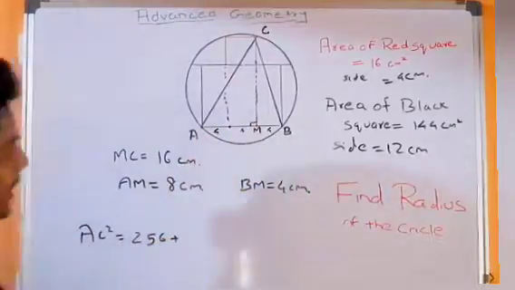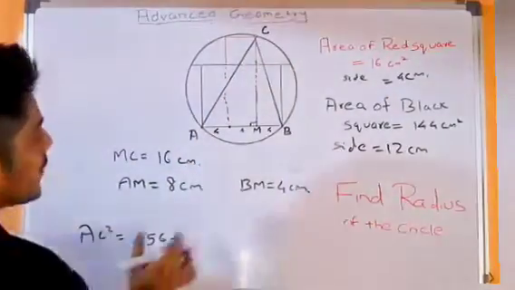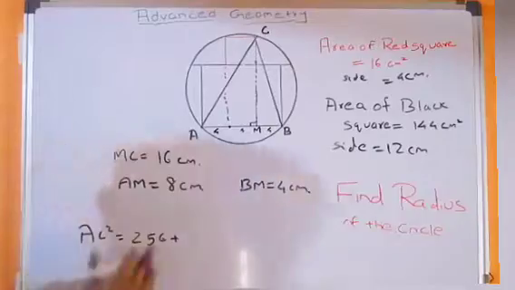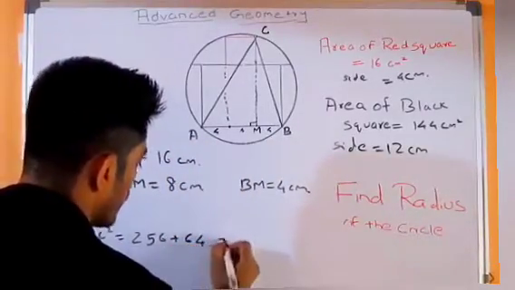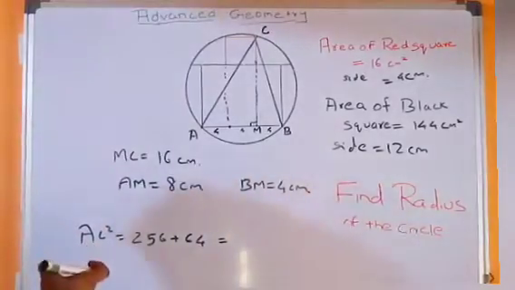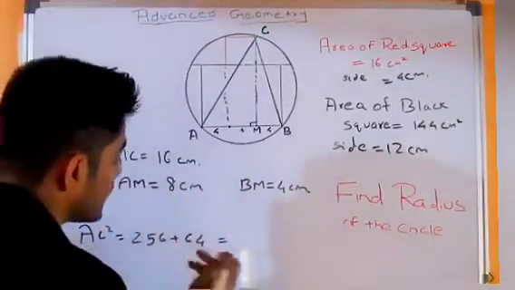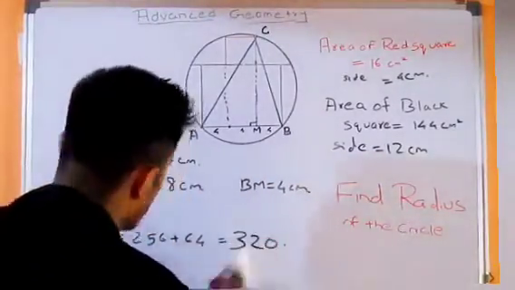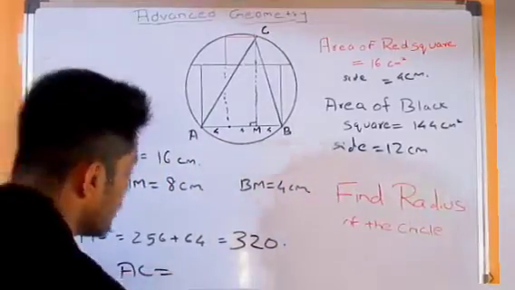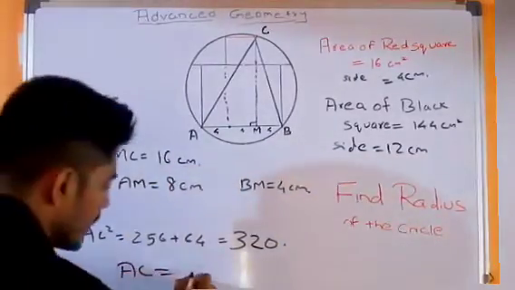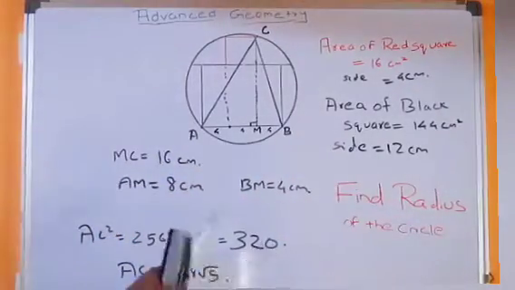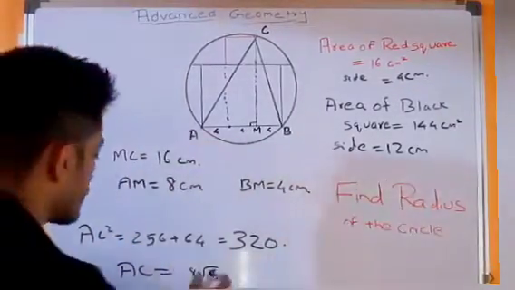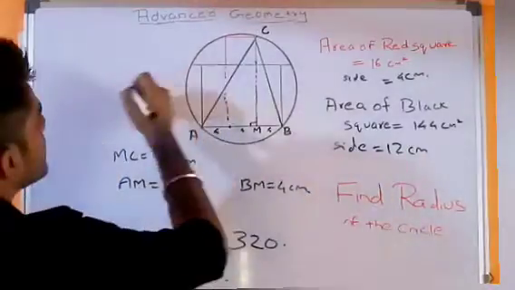What we get over here is exactly 320. So the value of AC will turn out to be 8 root 5, since 320 is 64 into 5. So we got AC as 8 root 5.